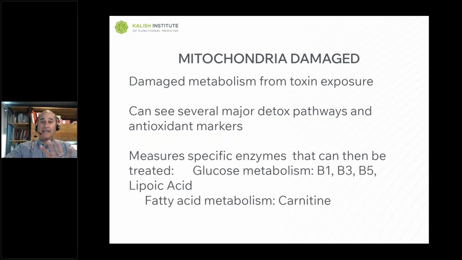When I look at this test, and this is different from the way the lab companies analyze it, I just break it down into 4 subject areas for patient education purposes, okay? Number 1, mitochondria, or you could call it metabolism if you want. So metabolism, brain, detoxification, and gut. Pretty much everybody understands those terms patient-wise, right? Metabolism, brain, detoxification, and gut function. Instead of metabolism, you could say mitochondria.